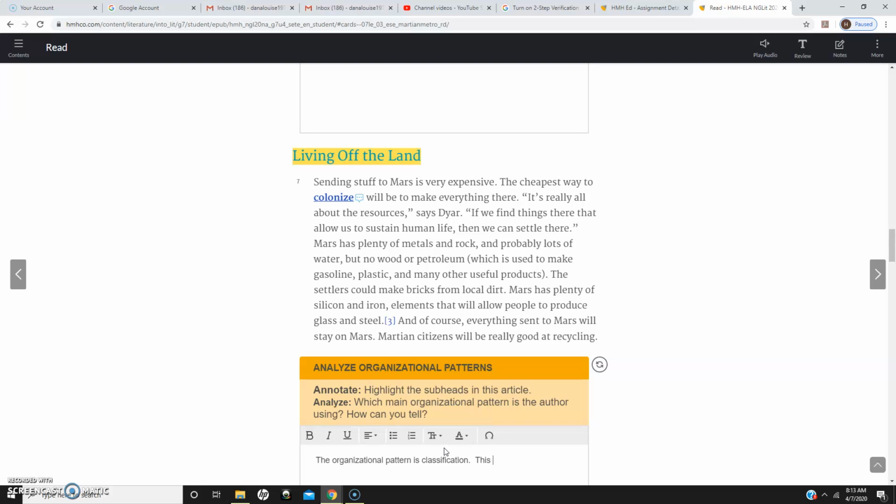This section is focusing on how colonists would use the resources found on Mars.